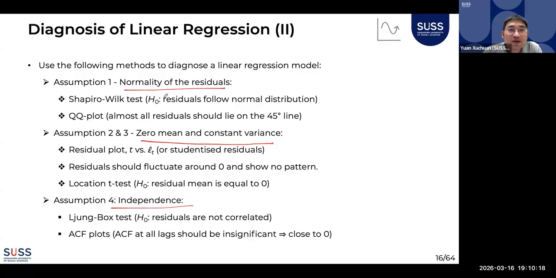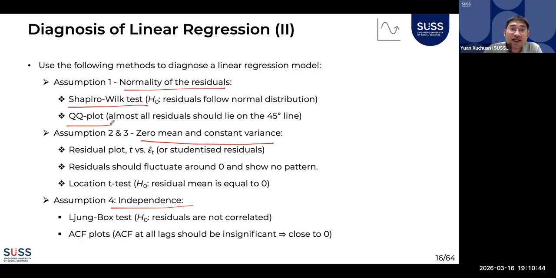For example, for the normality test, you use the Shapiro-Wilk test to see whether the residuals are normally distributed, or you can plot the residuals using a QQ plot. If all the residuals lie along a 45-degree line, that means they are approximately normally distributed.